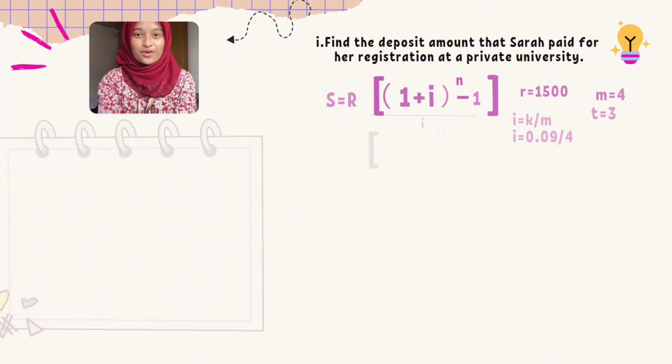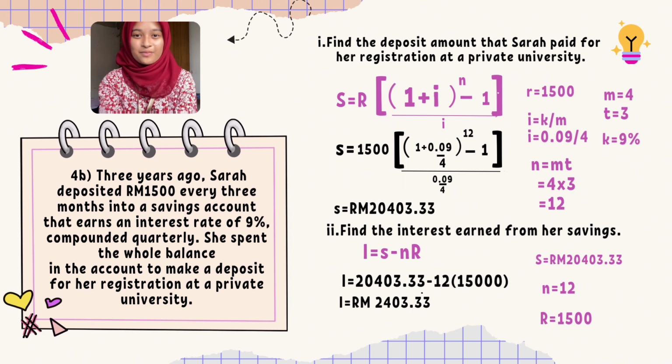52,601.52. For b, 3 years ago, Sarah deposited Rm 1,500 every 3 months into a saving account that earns an interest rate of 9% compounded quarterly. She spent the whole balance in the account to make a deposit for her registration at the private university. Find the deposit amount that Sarah paid for her registration at the private university.